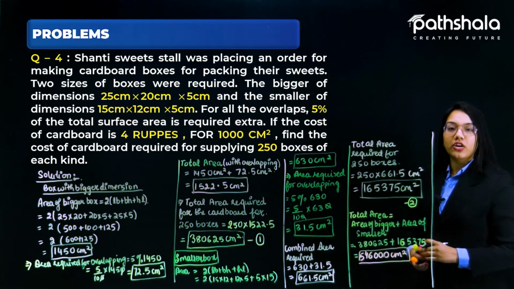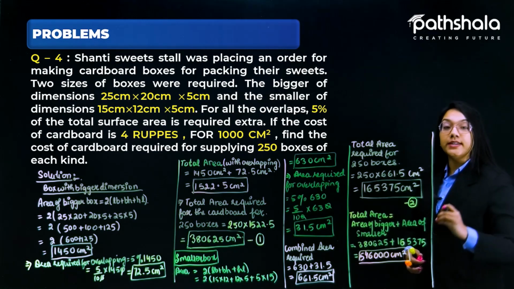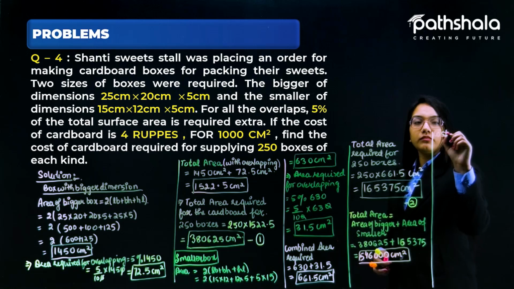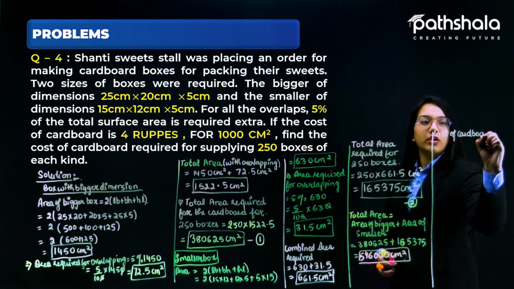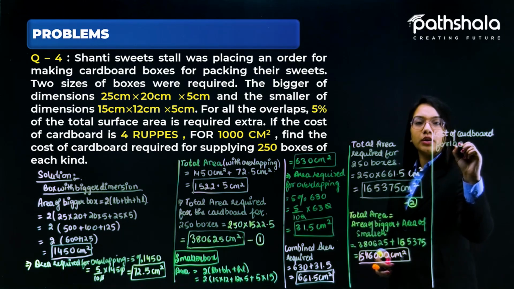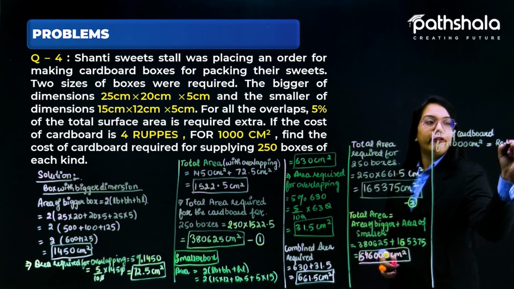Since you can see over here that the cost of the cardboard is rupees 4 for 100 centimeters square. So we are talking about the cost of cardboard. The cost of cardboard for 100 centimeter square is rupees 4.